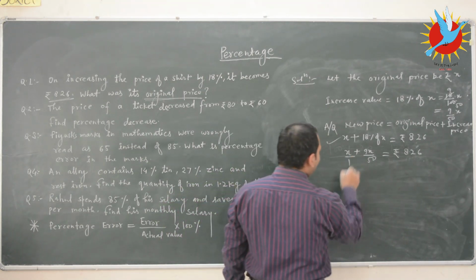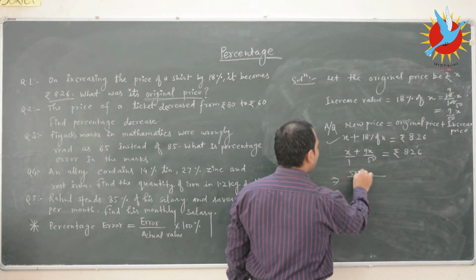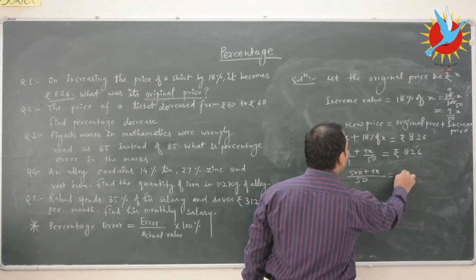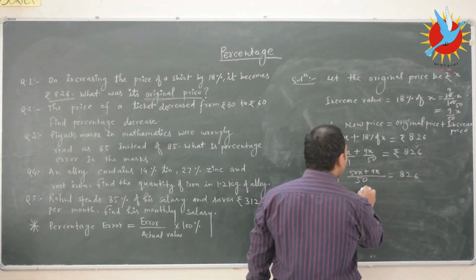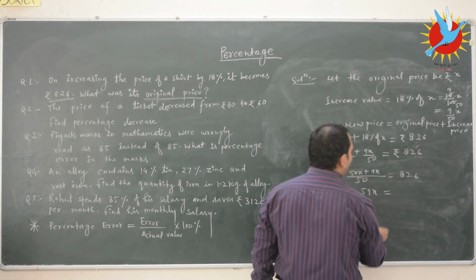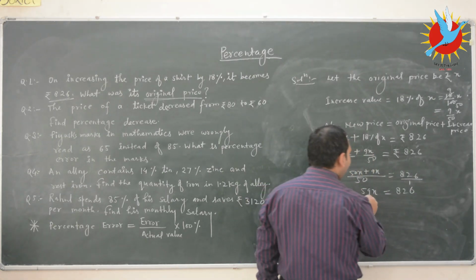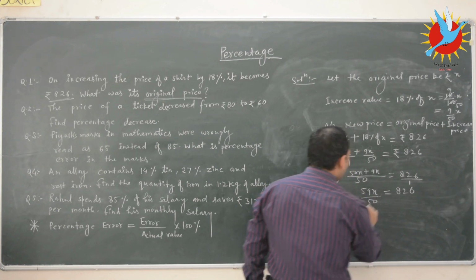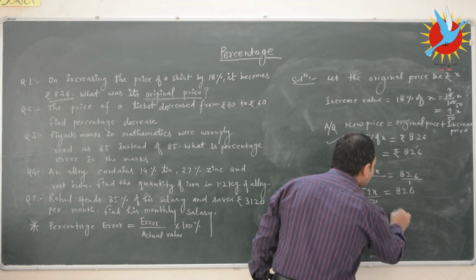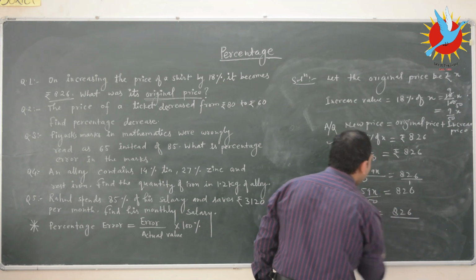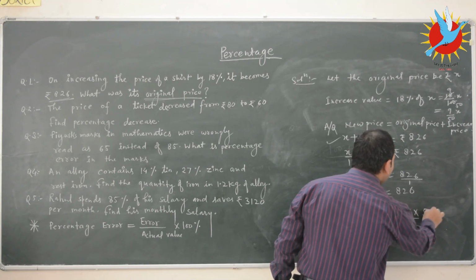Now simplify. 50 is the LCM. 50X plus 9X is equal to 826 rupees, which implies that 59X is equal to 826. Here cross multiply: 50 is divided here, so we multiply by 50 and divide by 59. So the value of X is 826 divided by 59 and multiplied by 50.